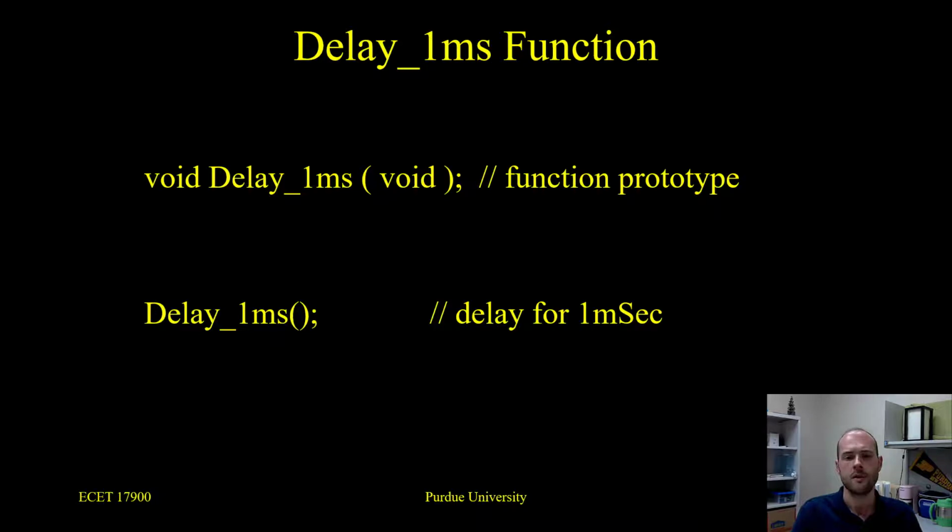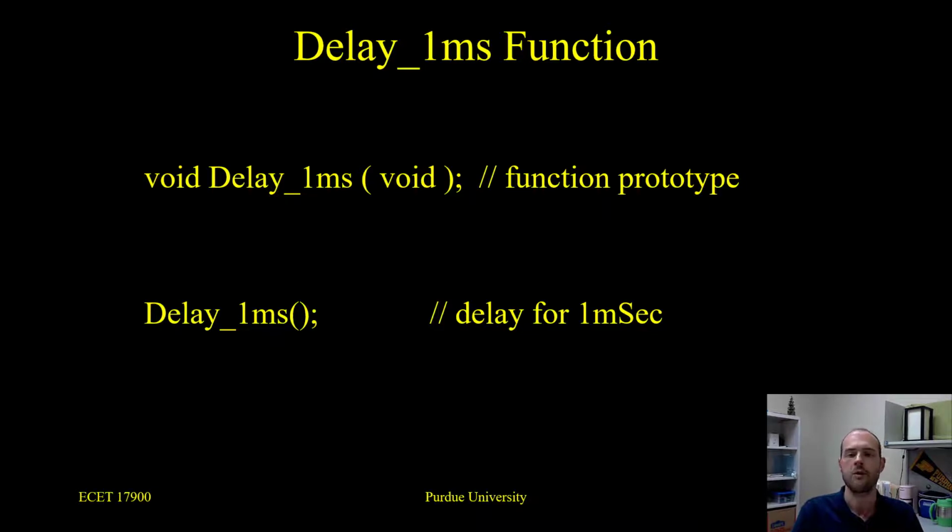And then to use the function, a function call looks like what just appeared. If we want to call a function, use a function, and run the code that's in it, we just say the name of the function with parentheses at the end. If there are any arguments to that function, they go in the parentheses. So note that in your function prototype, you define the type in multiple ways. First, the first void is the type of the function.